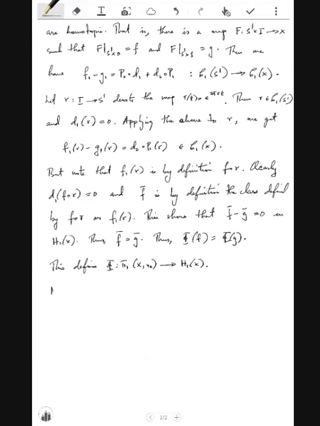Next, let us check that phi is a group homomorphism.